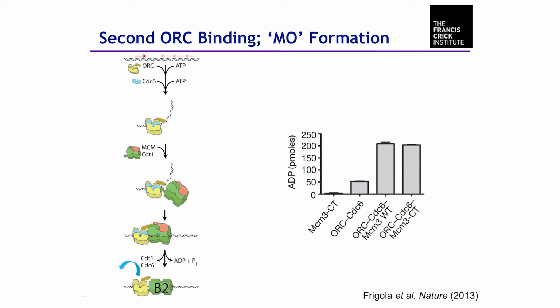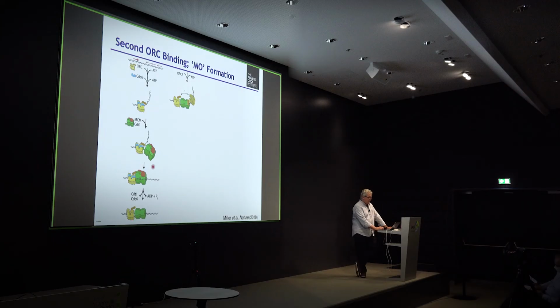So we think that something in these first steps is actually triggering ATP hydrolysis by ORC, which is then allowing ORC to be released from the DNA. Once it's released from DNA, then the MCM is free to slide because it's only topologically bound around the DNA. So that presumably is what allows ORC to bind to that B2 element.